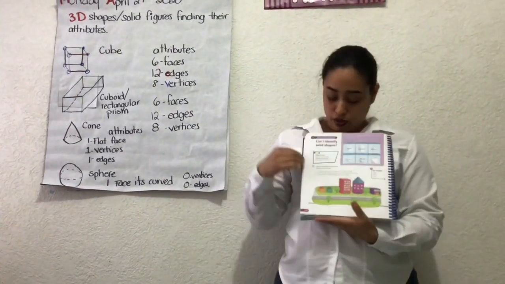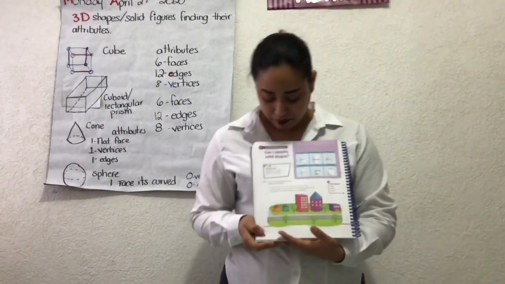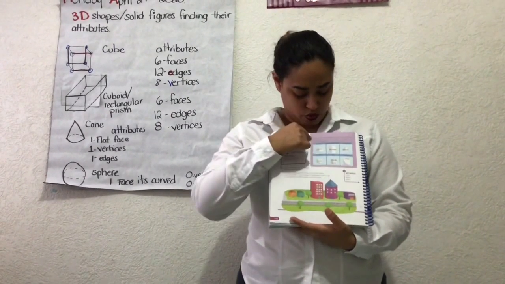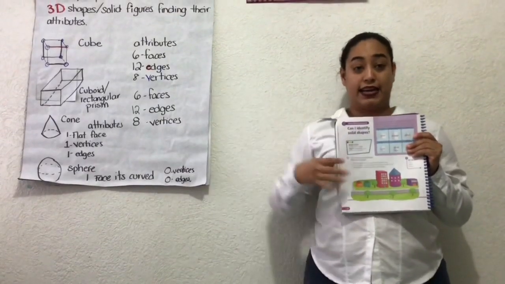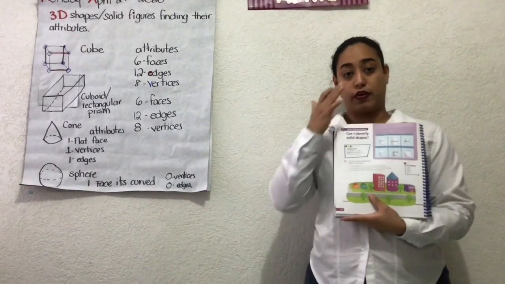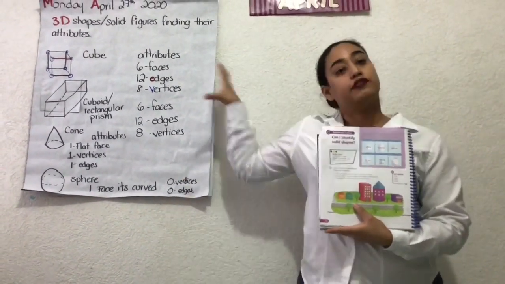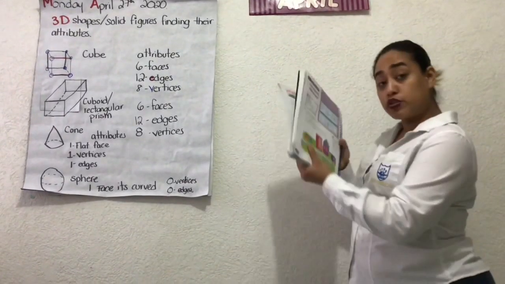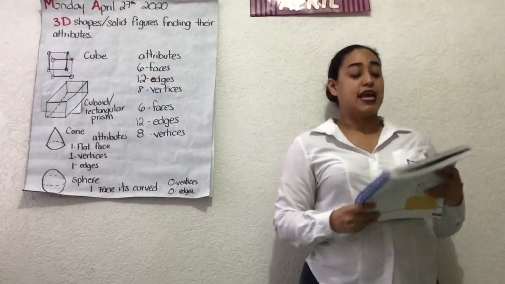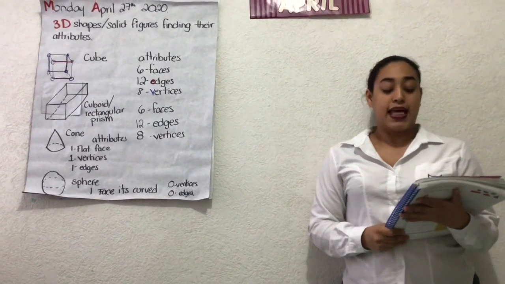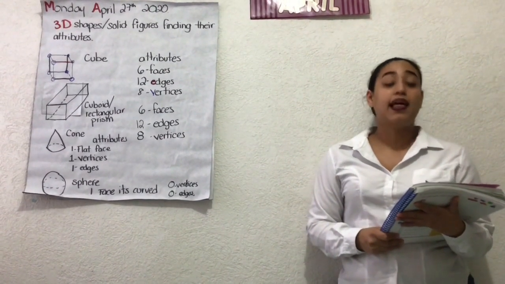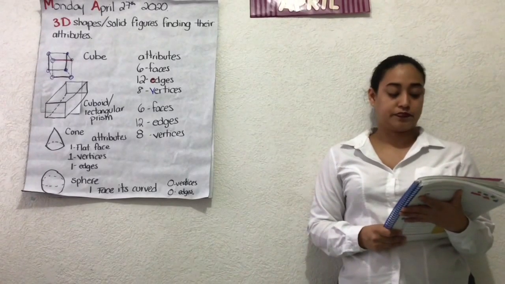All right, so when we go to our book, it says right here. Again, you're going to have the book on this side, so I'm going to be right here, okay? I need this space to be enough so you can see the book. But I'm going to have it over here as well. It says, three-dimensional shapes are solid figures that look like real-life objects.